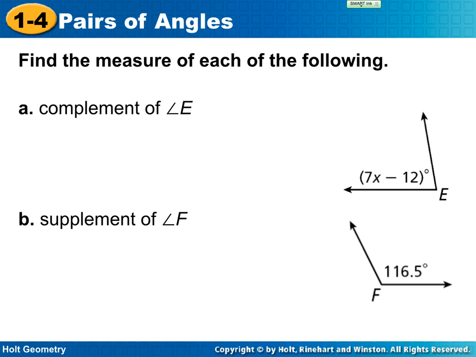Check that, then you win. Negative 7x minus 12 plus 102 minus 7x. These cancel out. Negative 12 plus 102 would be 90. Okay.